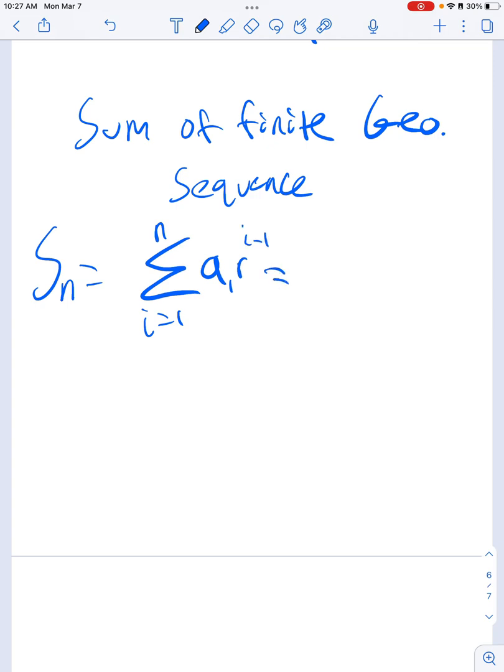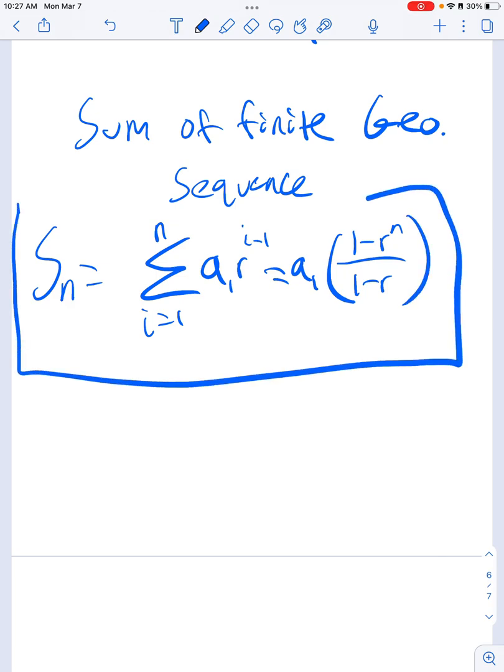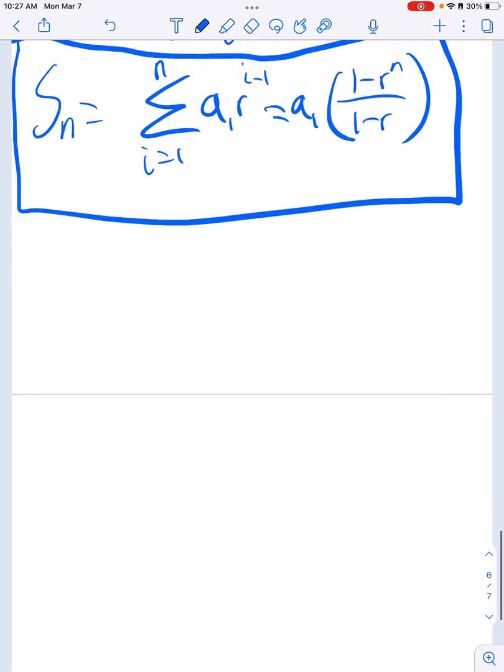Our base formula looks something like this. We take our first term and multiply it by 1 minus r to the nth term, over 1 minus r. So again, make sure you have this written down. This is how you find the sum of a finite geometric sequence.